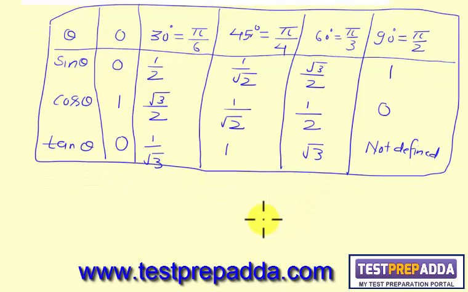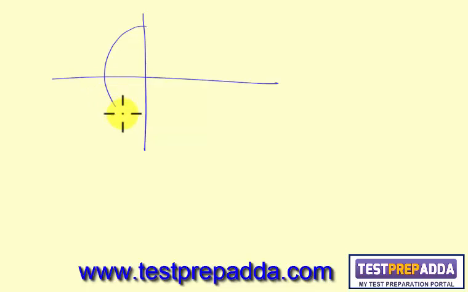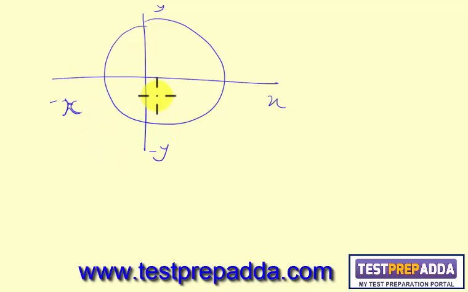Now, consider a circle on the xy plane, with x, minus x, y, minus y axes. This can be considered as 0 degree or 0 radian.